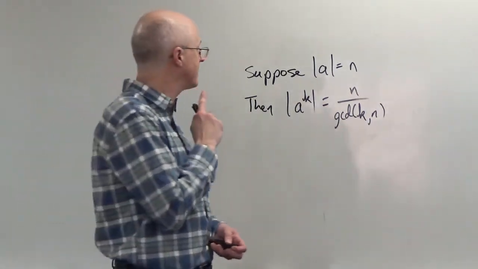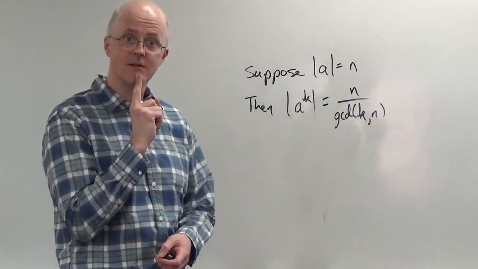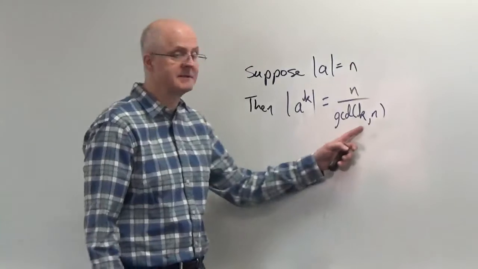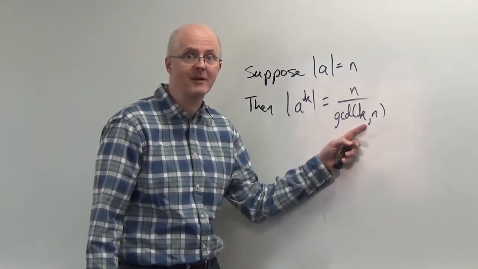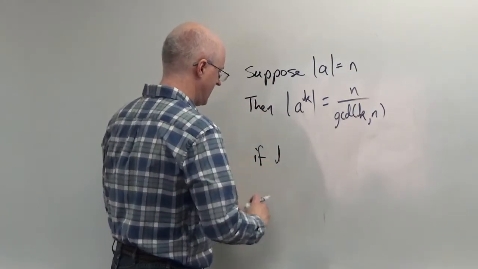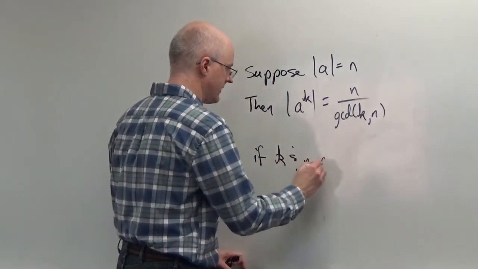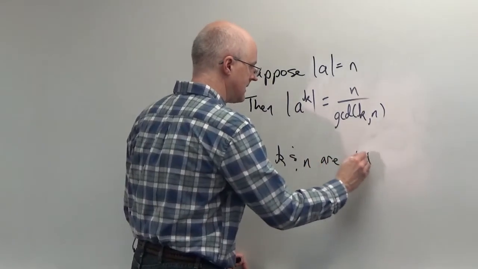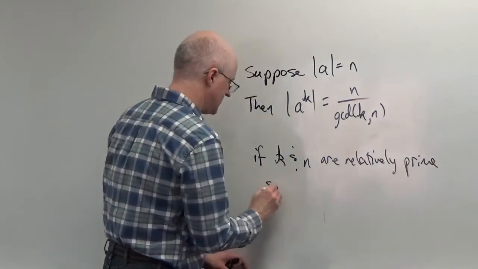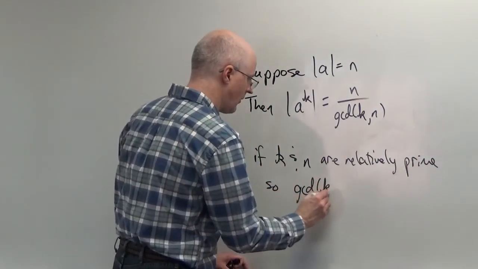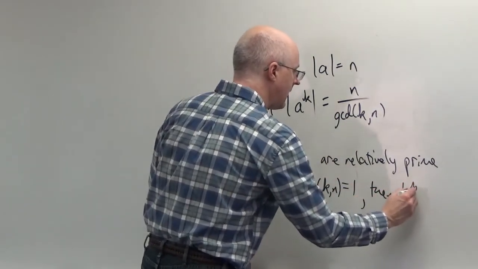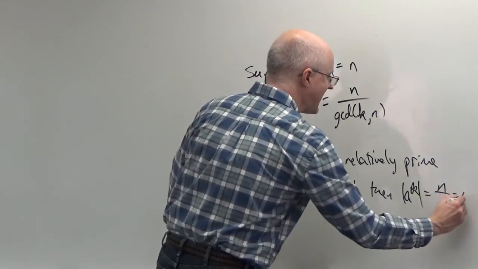And if the GCD of k and n happens to be 1, special case. Listen carefully. If the GCD of k and n happens to be 1, if k and n are relatively prime, so GCD of k and n is 1, then the order of a to the k is n divided by 1, which is n.